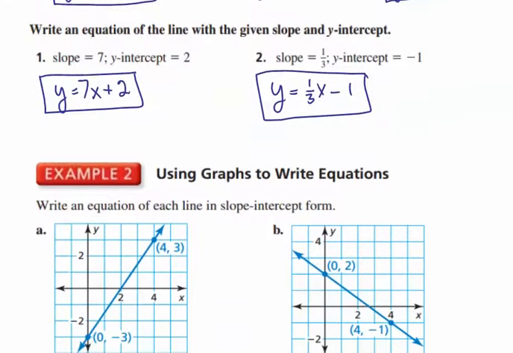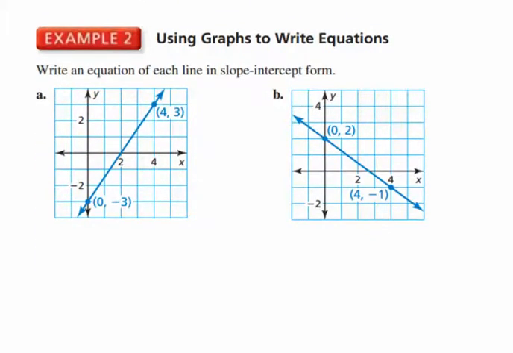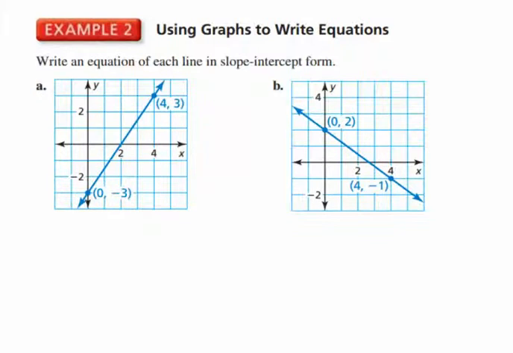So let's go on next to look at how we would write equations if we had a graph to work with. As always, when I have a graph with points, I'm first going to label my points from left to right. x1, y1, x2, y2.